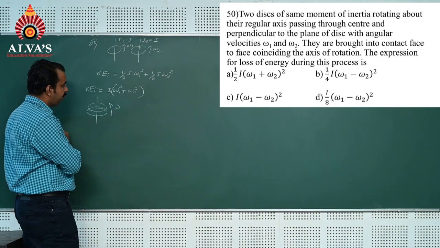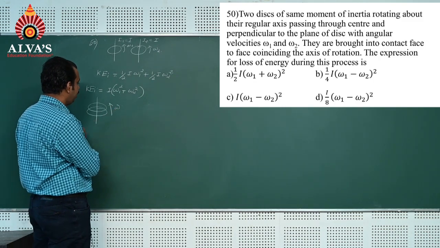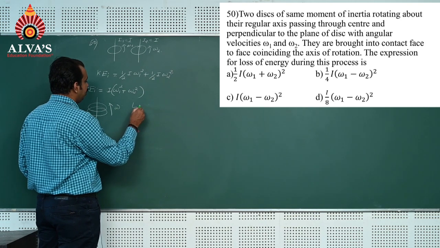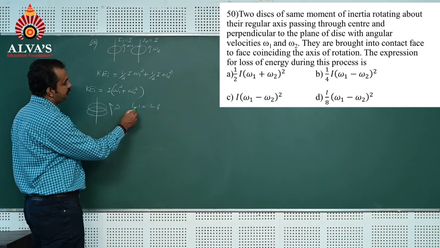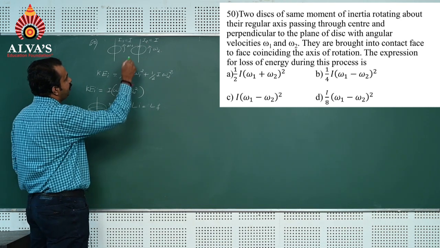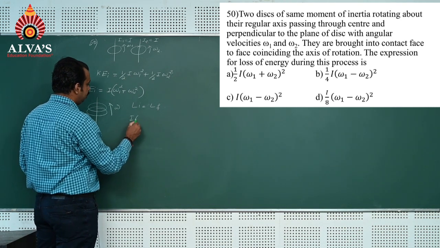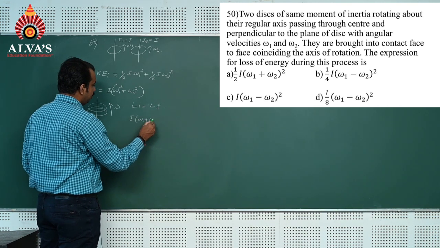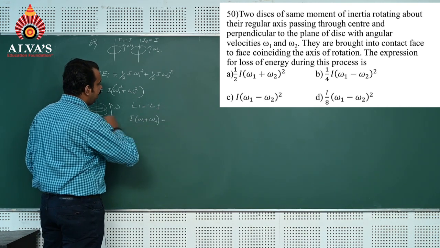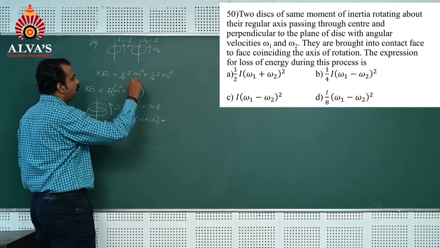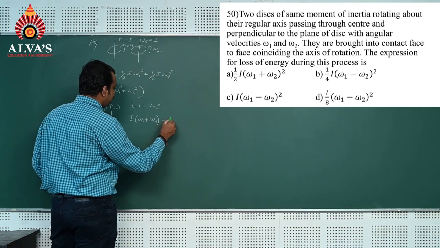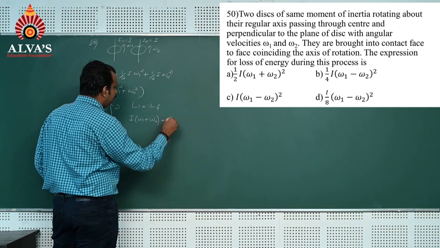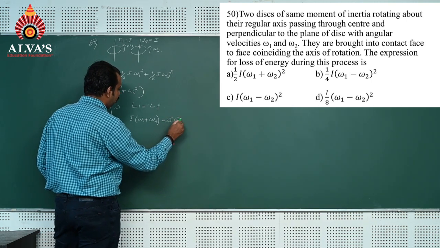I want omega. To calculate omega, you know that initial angular momentum is equal to final angular momentum. Initial angular momentum is I into omega 1 plus omega 2. Final angular momentum: both having the same moment of inertia, it is I, and rotating with the same angular velocity, it is 2I omega.